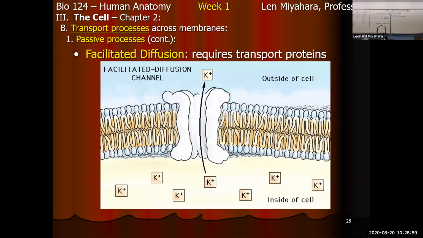All right, facilitated diffusion. This is also about solute going from high to low. But instead of going through the lipid bilayer, it's got to go through a specific protein channel.